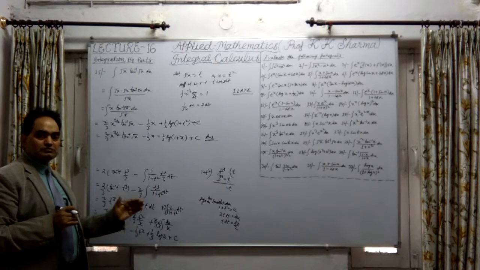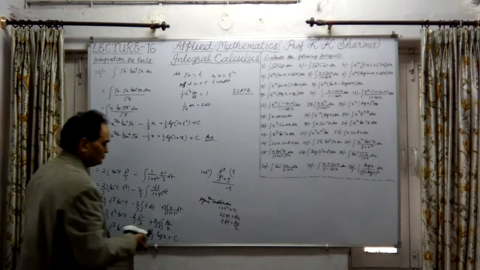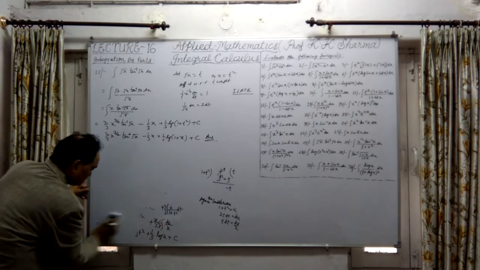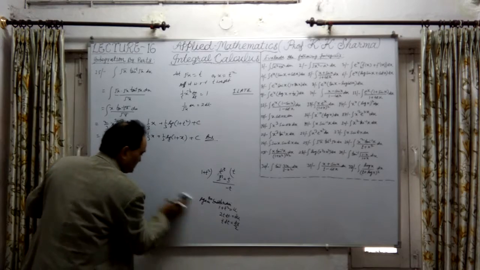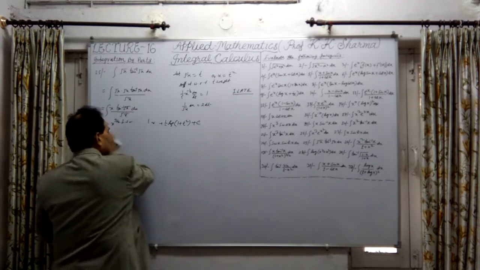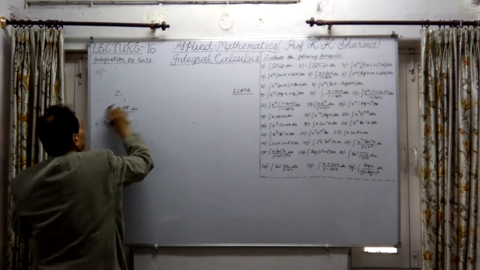Both the substitution method and the by-parts method are used in this case. This is the process of solving questions of this kind: first by-parts then substitution, or substitution first then by-parts.